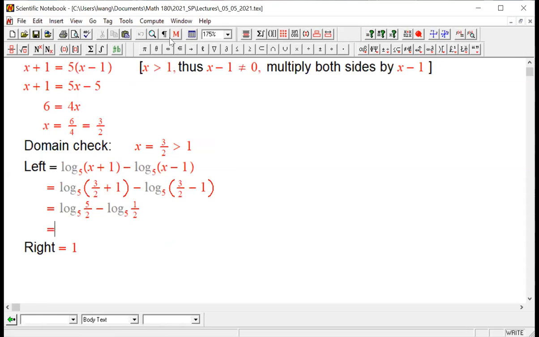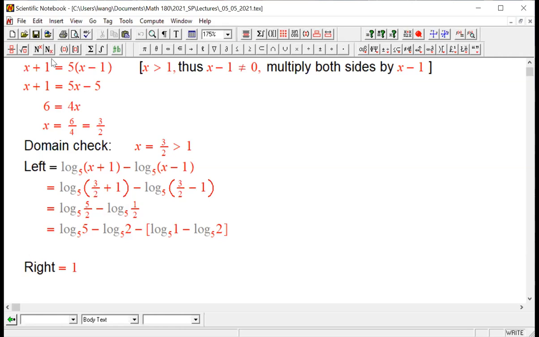Okay, apply the quotient rule. We get log base 5 of 5 minus log base 5 of 2, and minus, there's a log base 5 of 1/2. If we apply the quotient rule, that's going to be log base 5 of 1 minus log base 5 of 2. You guys follow me?